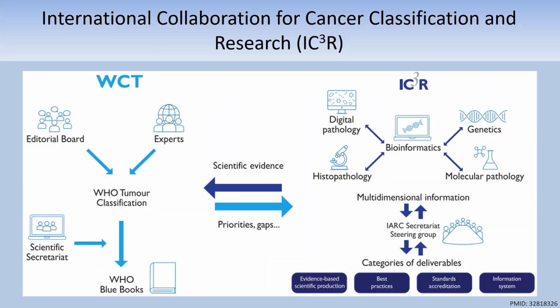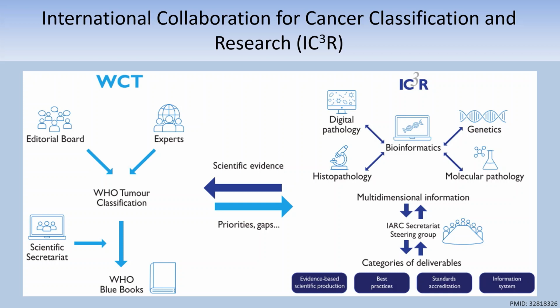Here's a visualization of the relationship. On the left here is the WHO classification of tumor structure. This is the editorial board and the experts that work together to produce the books. One of the goals of the IC3R is to evaluate the books for knowledge gaps and then support the structure and provide evidence-based scientific production of information that can then feed back to the books and support filling of those gaps.